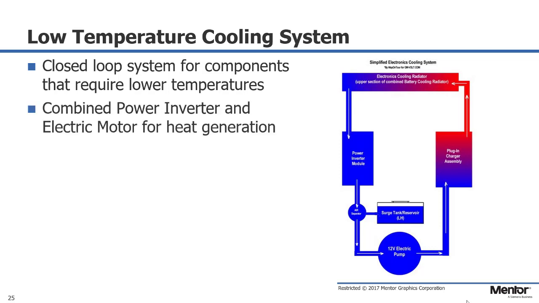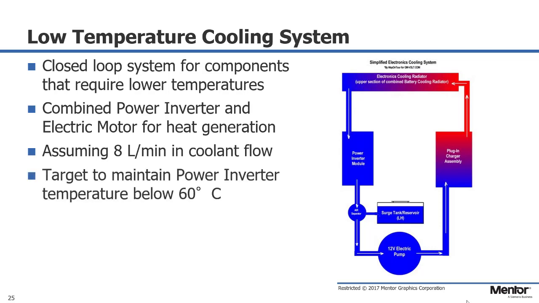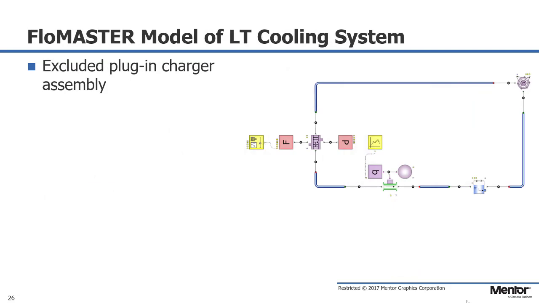For what we're looking at, based on the numbers we saw in some of the previous slides, we're going to be looking at a combined power inverter and electric motor for heat generation. And we're going to assume 8 liters per minute coolant flow rate. We want to target a main power inverter temperature below 60 degrees C, so that's sort of our cutoff value.